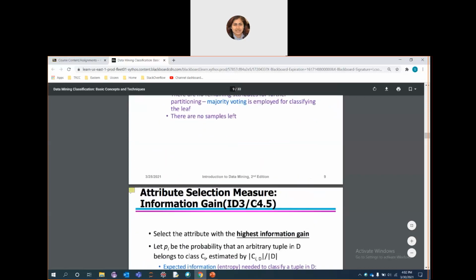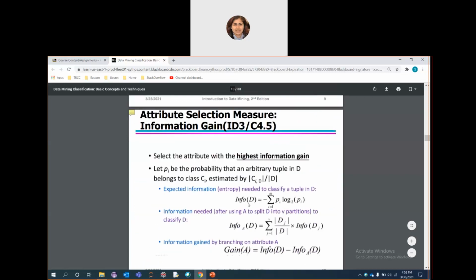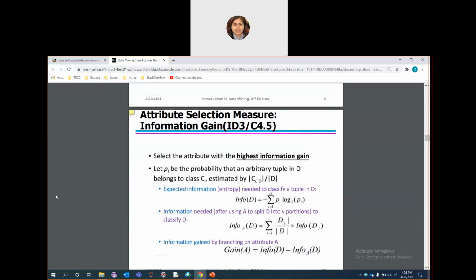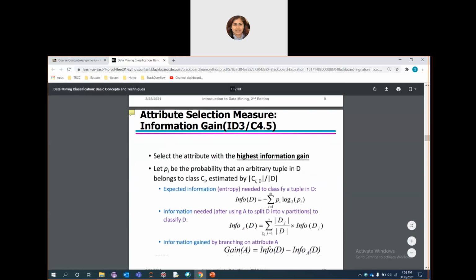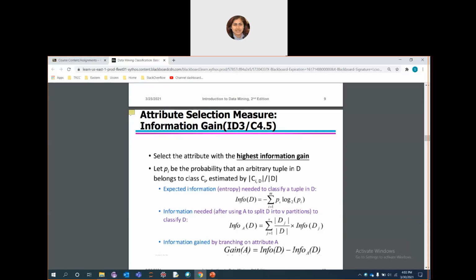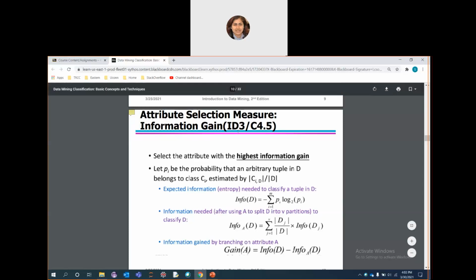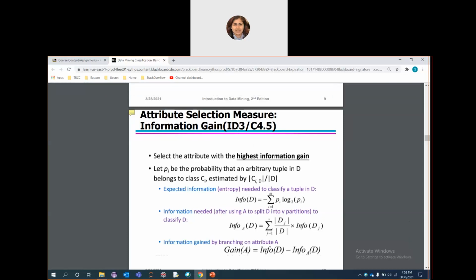Then after that, we have seen some of the attribute selection measures. So here we have seen a decision tree algorithm, which was discovered by a machine learning researcher, and he gave the algorithm, which is also called ID3, or iterative dichotomizer.